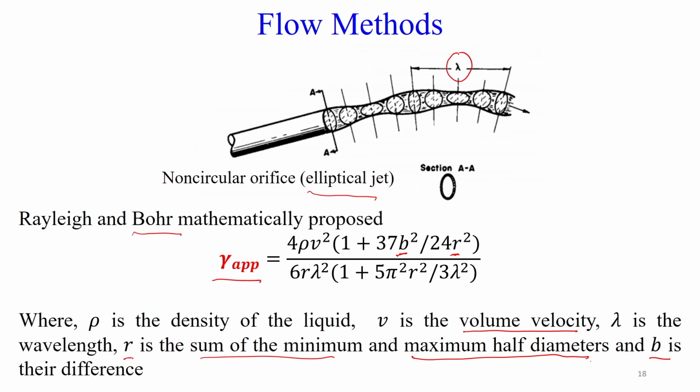These two parameters we have to analyze from these images, or computer control devices, and once B and R are known, in this equation we can easily calculate the surface tension. So, what we need is B, R and lambda. If these are known, we can use Bohr's equation, or the model proposed by Bohr, to directly estimate the surface tension or interfacial tension.